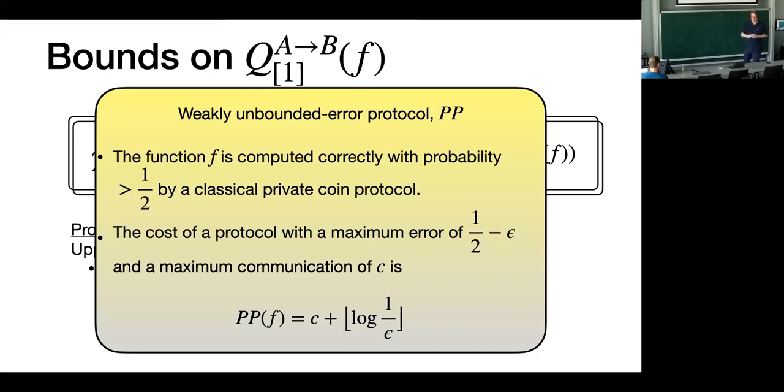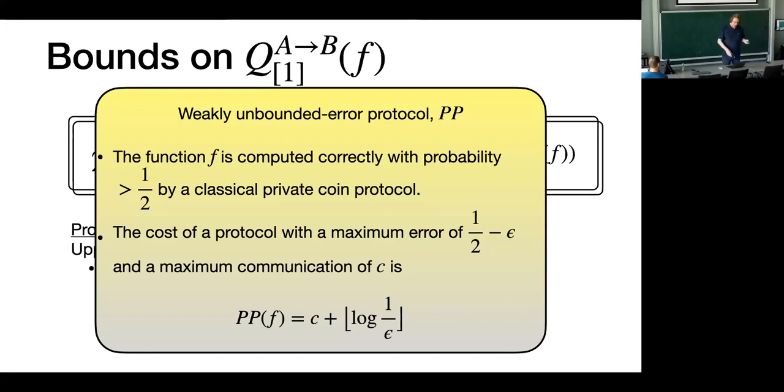And well, this was defined by Babai, Frankl, and Simon in 86 as a communication complexity analog of the classical complexity class PP, which can be defined similar to this also, but is really usually understood as majority non-determinism. You have a non-deterministic machine, and you require the calculation to be correct with probability larger than 1/2.